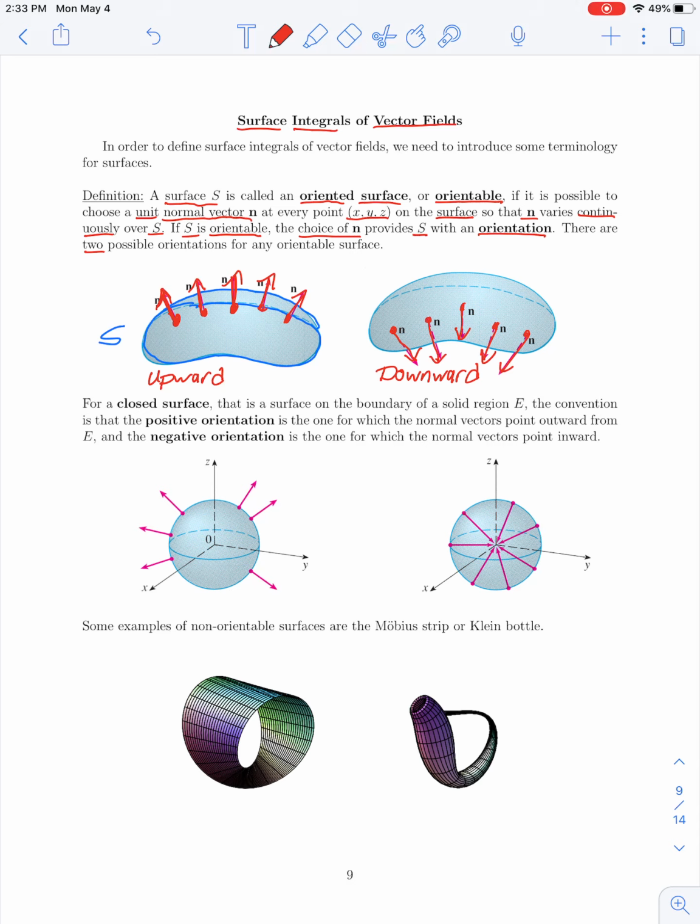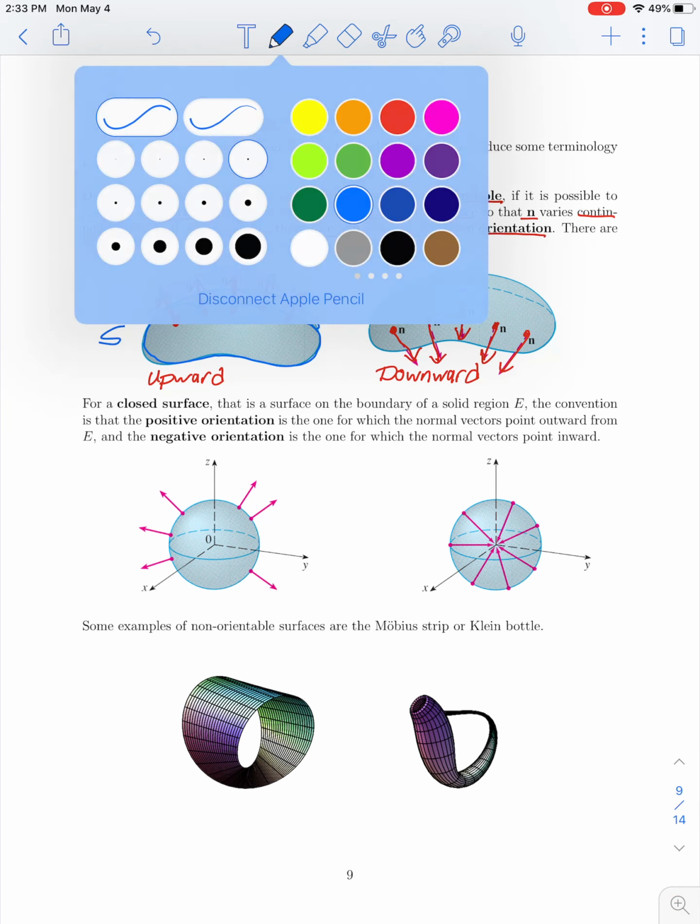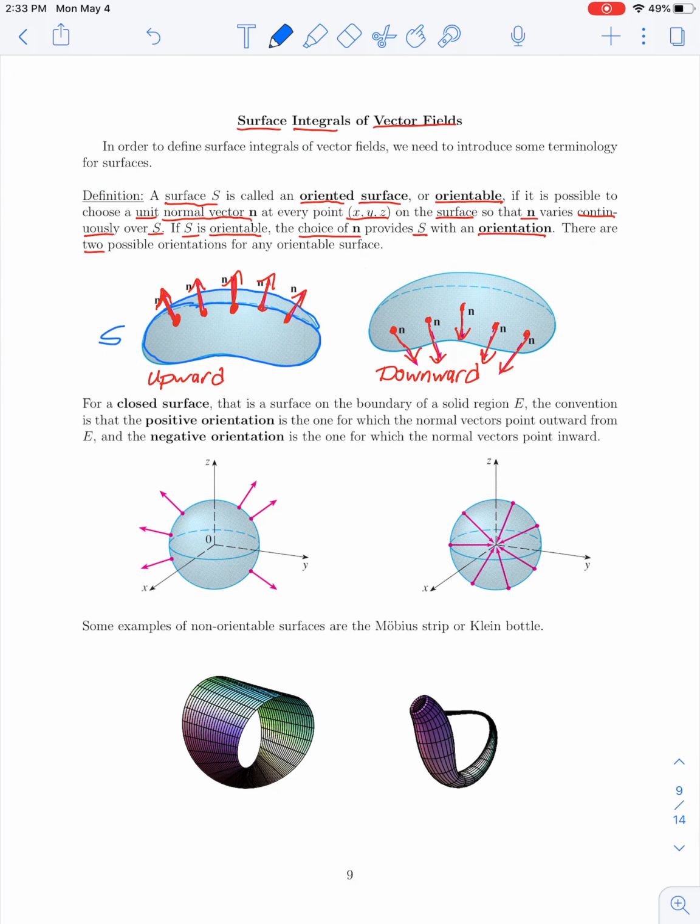Now, in certain problems that we consider with surface integrals, with vector fields, we'll be integrating the vector field over a closed surface. So let's define what we mean by a closed surface. So a closed surface is any surface which would be defined as the boundary of some solid region E in space.